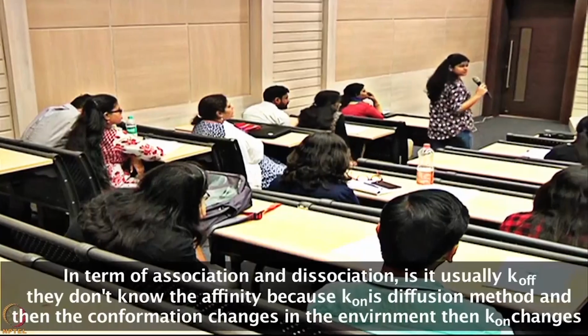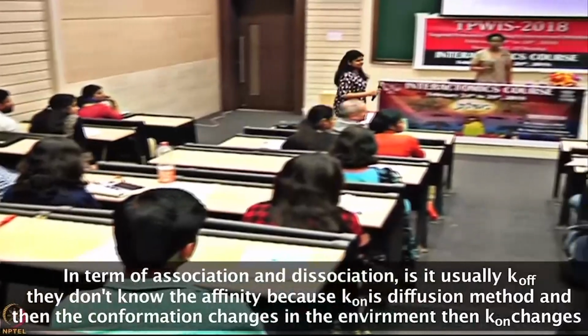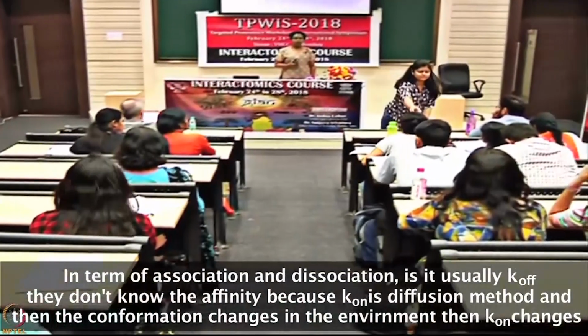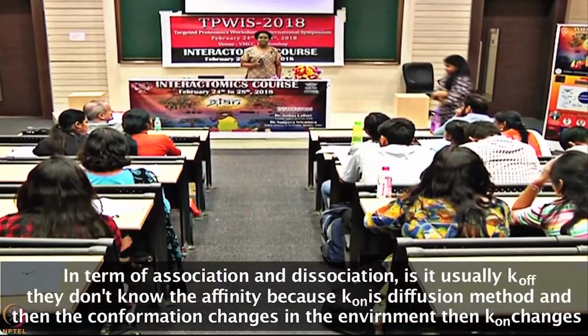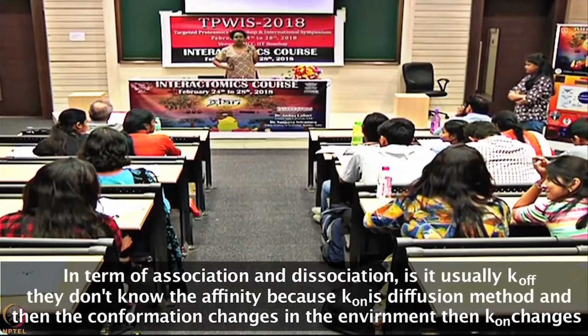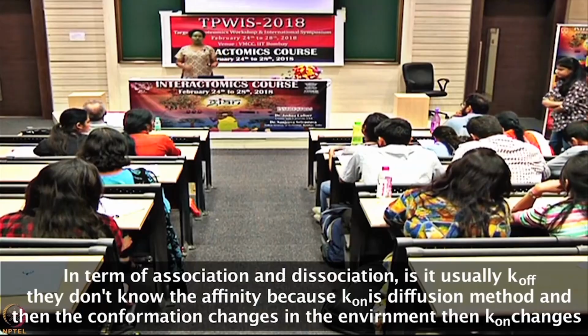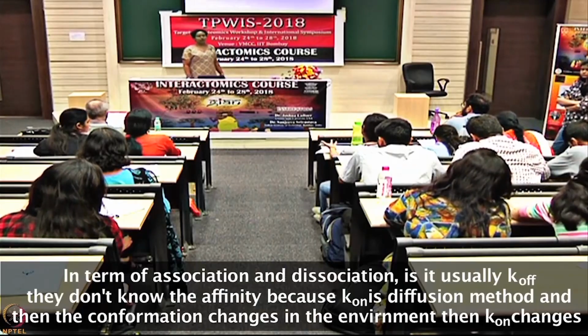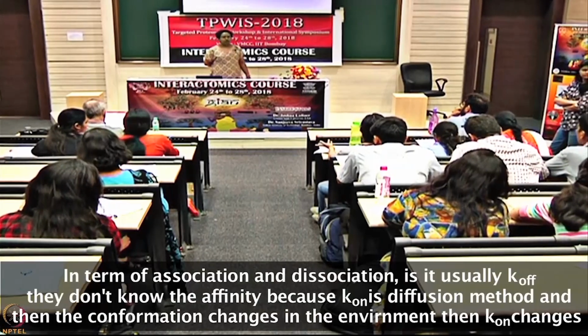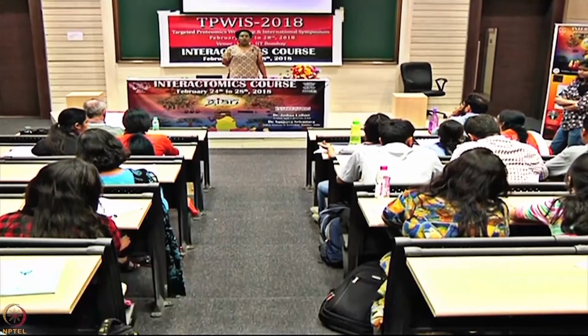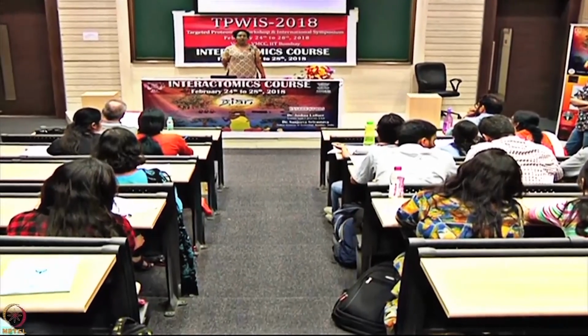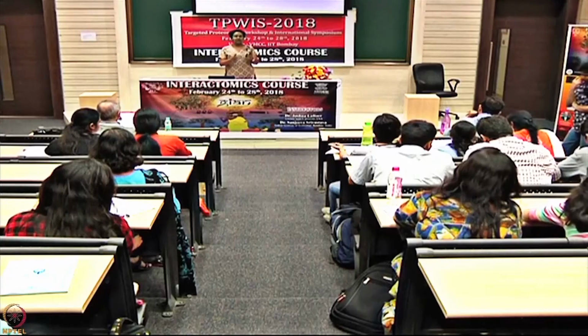In terms of association and dissociation, is it usually K off that determines the affinity, because K on is diffusion limited, and if there is a conformational change in binding, then the K on is different? Well, K on and K off are the property of the interactants.